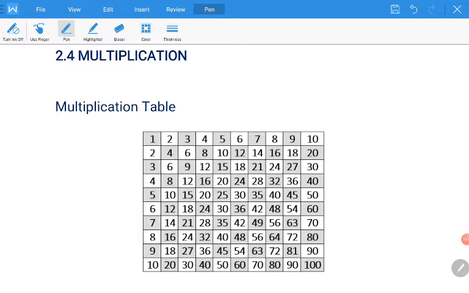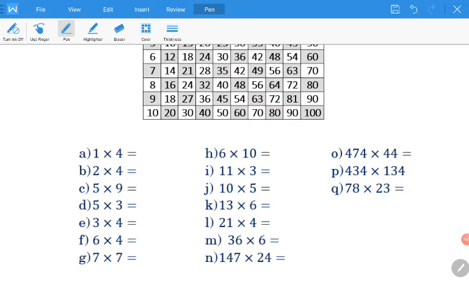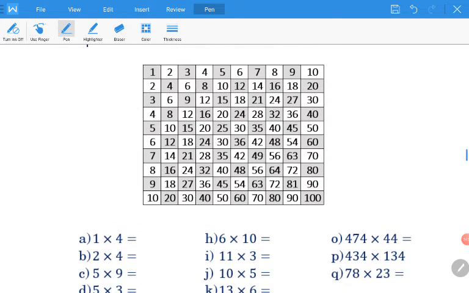For example, the multiples of 7 are 7, 14, 21, 28, 35, 42, 49, 56, 63, 70. This will help you a lot in quickly solving mathematical expressions that need multiplication.